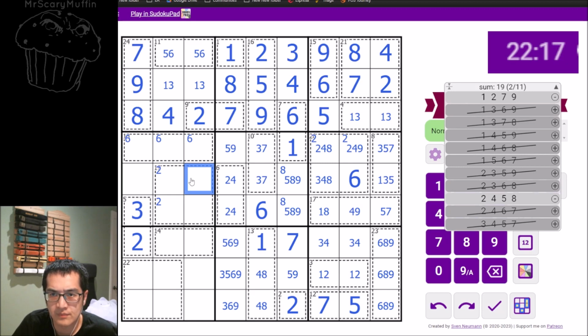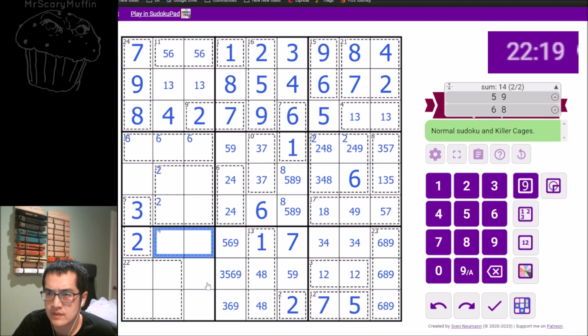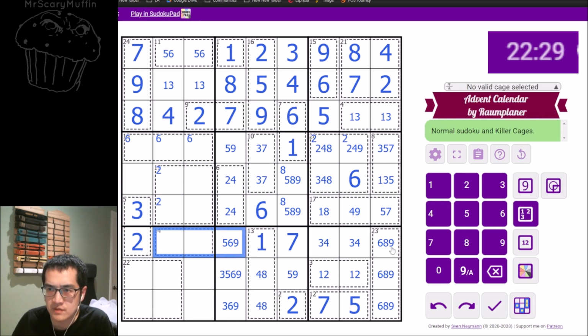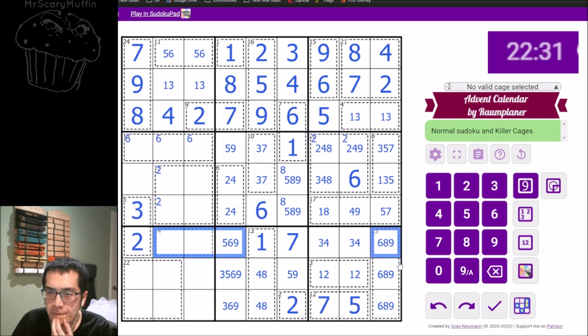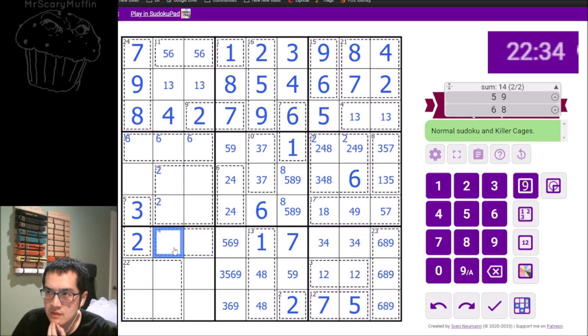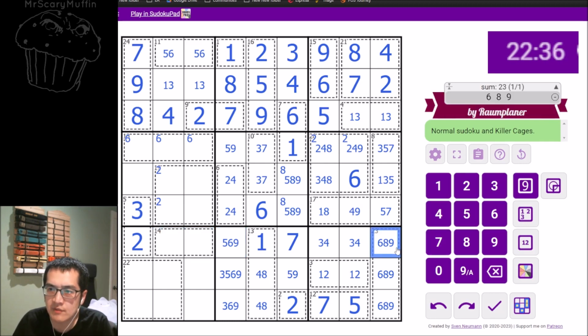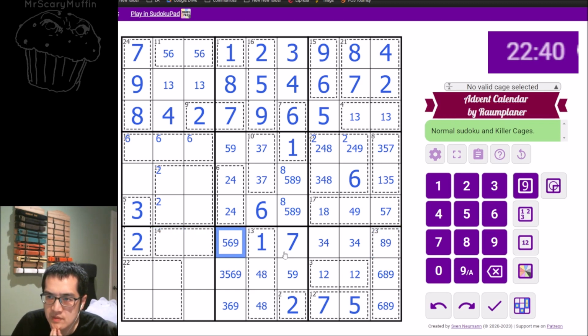Wonder what I'm missing here. Is it just this, maybe? Just need to think about this a little bit deeper. Okay, if it's 5, 9, this becomes a 6, this becomes an 8. And if this is 6, 8, okay, so this can never be a 6. 5, 9, this will become a 6, this will become an 8. 6, 8.